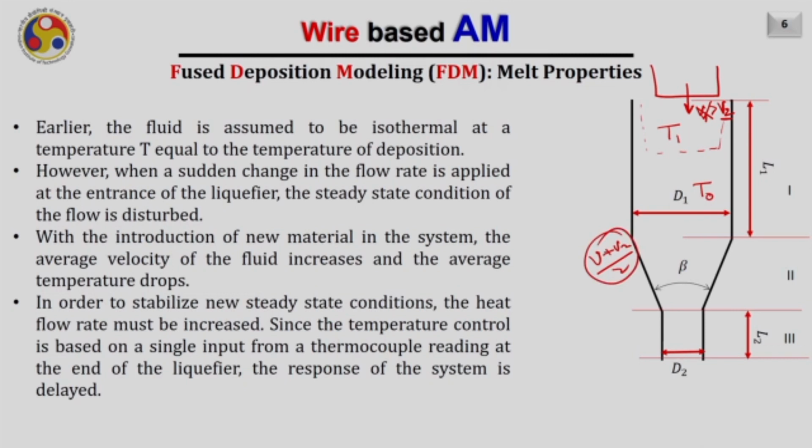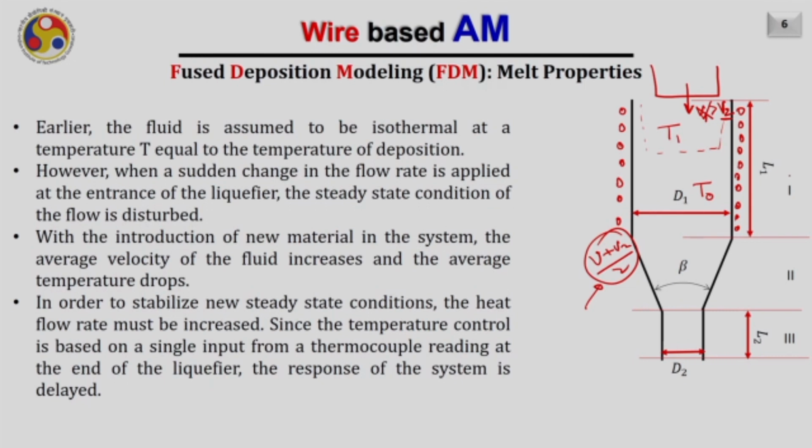So the average velocity, this is an approximate calculation, will increase in the entire region. So in order to stabilize the new steady state condition, the heat must flow, right? You have to quickly add more heat from these heaters which are aligned towards region 1.